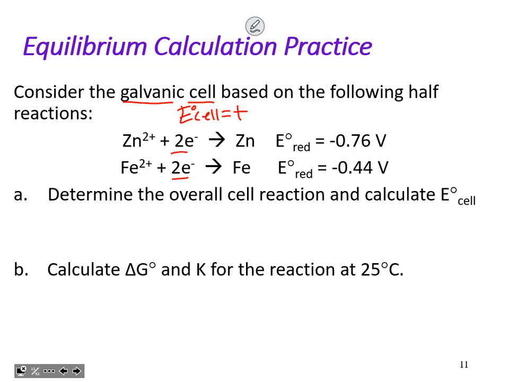All we have to do is flip one of them to get a positive cell when calculating this E cell. Out of the 2, which one needs to be the oxidation reaction? Is it the zinc or the iron? Which one of those needs to be oxidized here to make this come out to having a positive E cell? The first reaction or the second reaction?